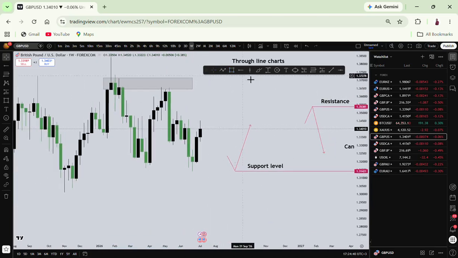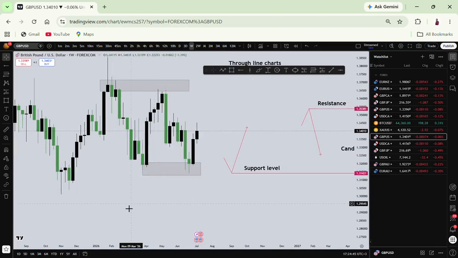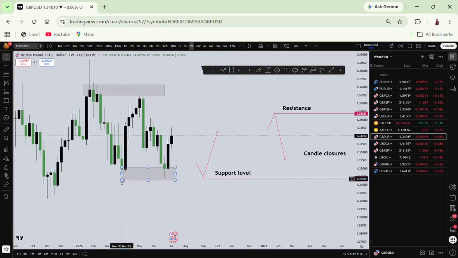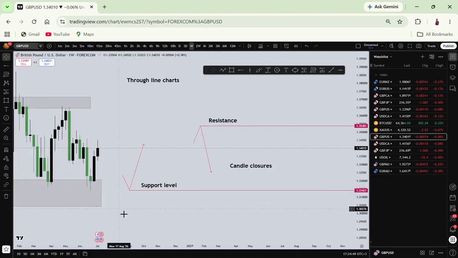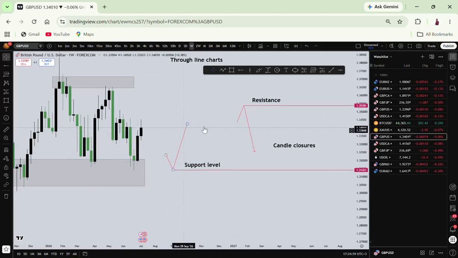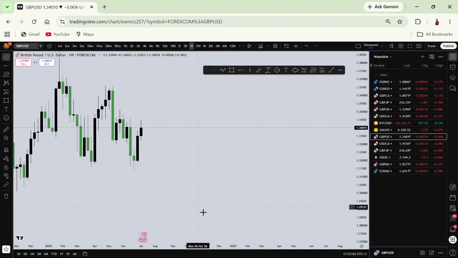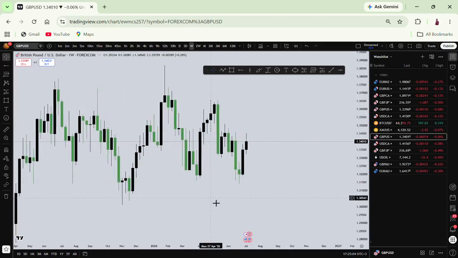You mark them like this, but I'm going to show you an easy way to mark them when we are using these line charts. So we are going to mark our support and resistance levels using that same concept.